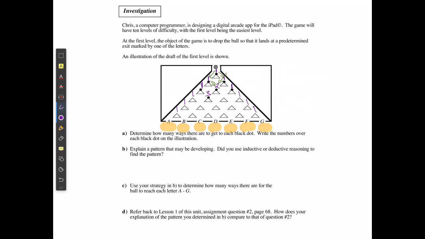Now, because this is symmetrical, at the 3 level, if I drop down to the 3, then this one is going to have the same thing. It's going to drop down, go one to the left and two to the right, drop down, go one right, one left, one right, or drop down, go two to the right, and then one to the left.